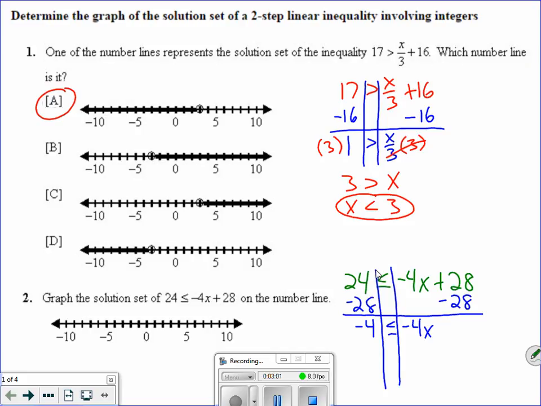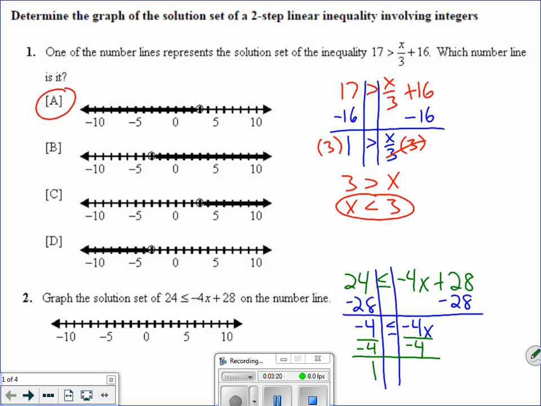My next step is to undo the multiplying of the x by negative 4. So to undo multiplying the x by negative 4, I'm going to divide by negative 4. Negative 4 divided by negative 4 is 1.